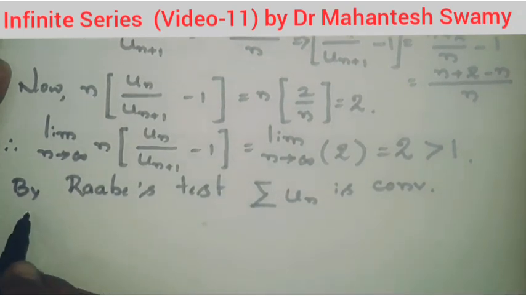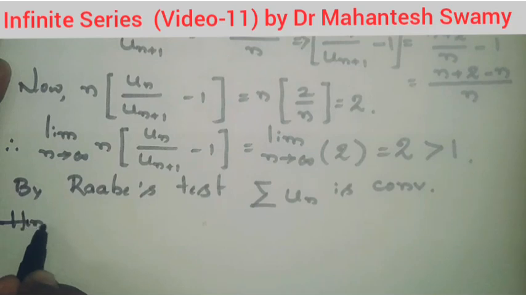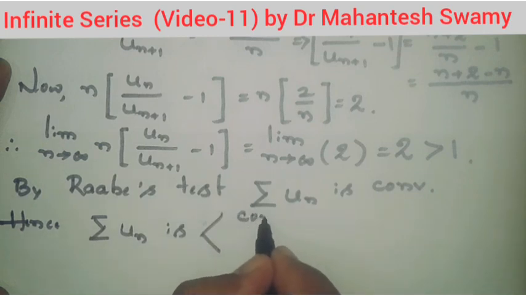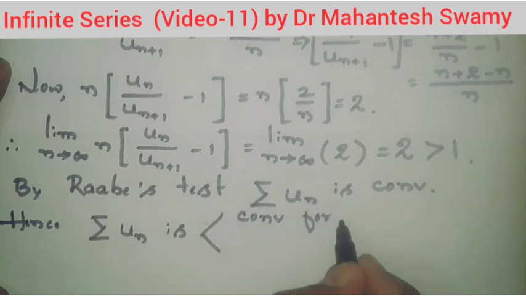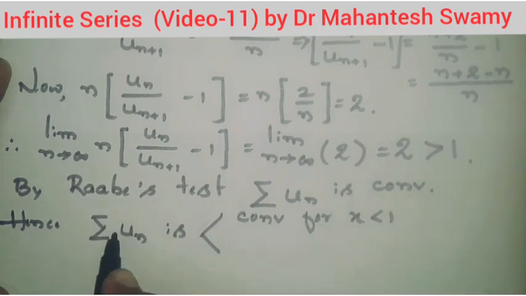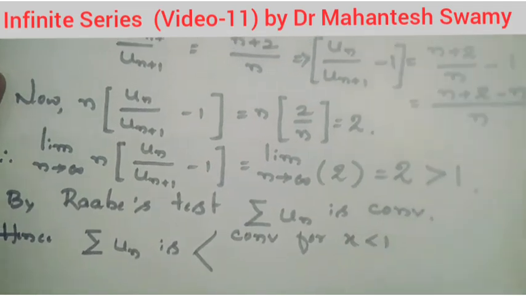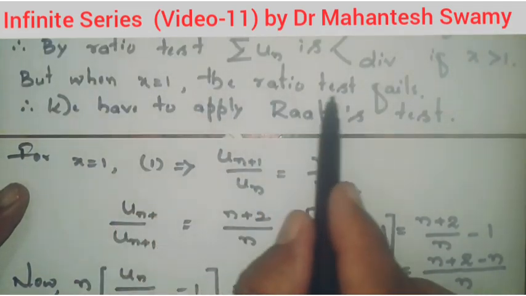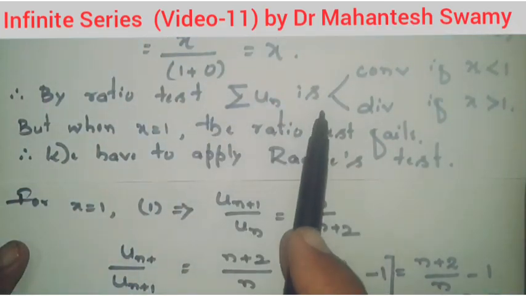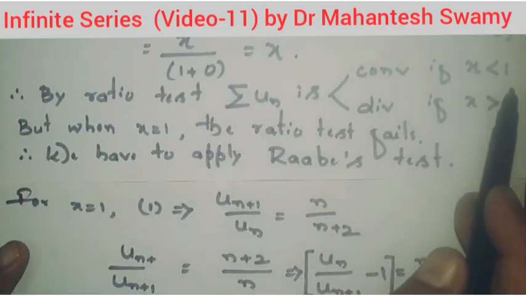So we can consolidate our conclusion. Hence, the given series summation u(n) is convergent. In the ratio test we got it as x less than 1. If we look at the previous answer, we can observe here that by the ratio test, the given series summation u(n) is convergent if x is less than 1.